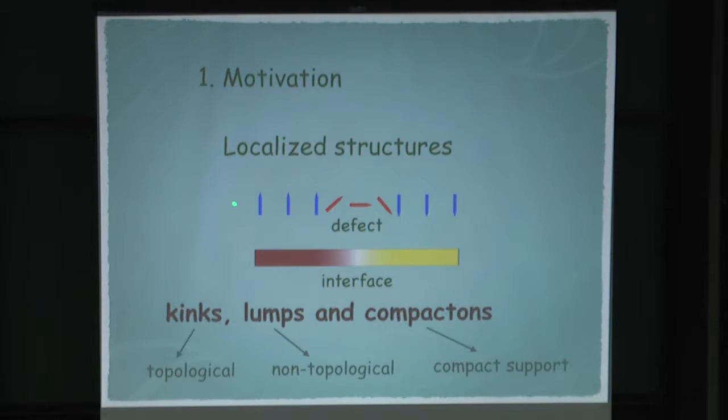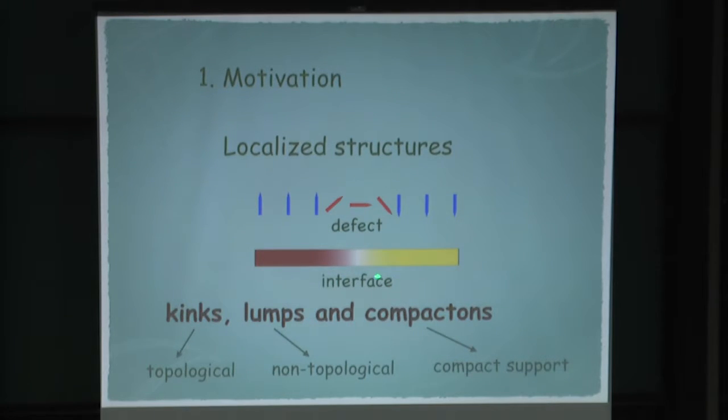Motivations. I'm talking about defect structures or localized structures, which I can see like this one. This may be a spin system where I have a spin up and a spin down, and this is a defect. But I can see this in this way, changing colors.